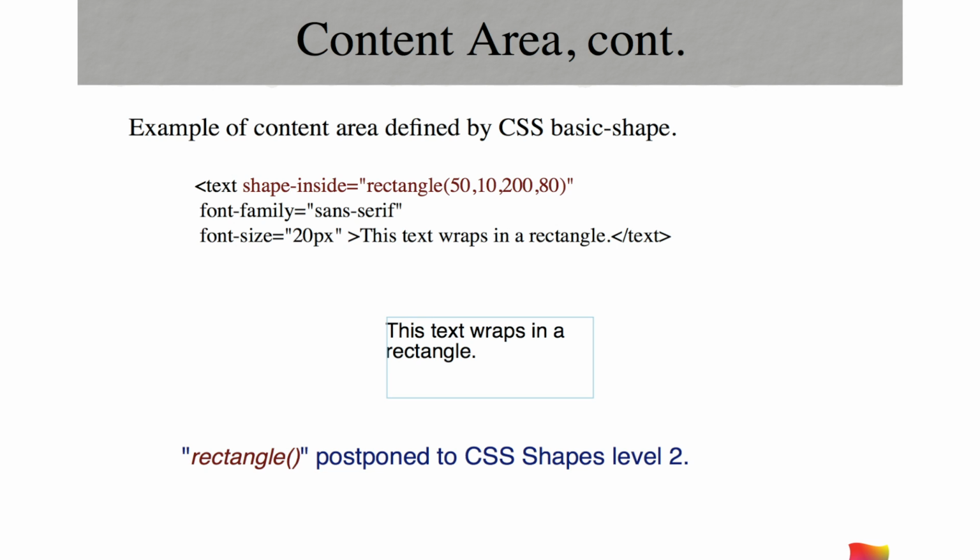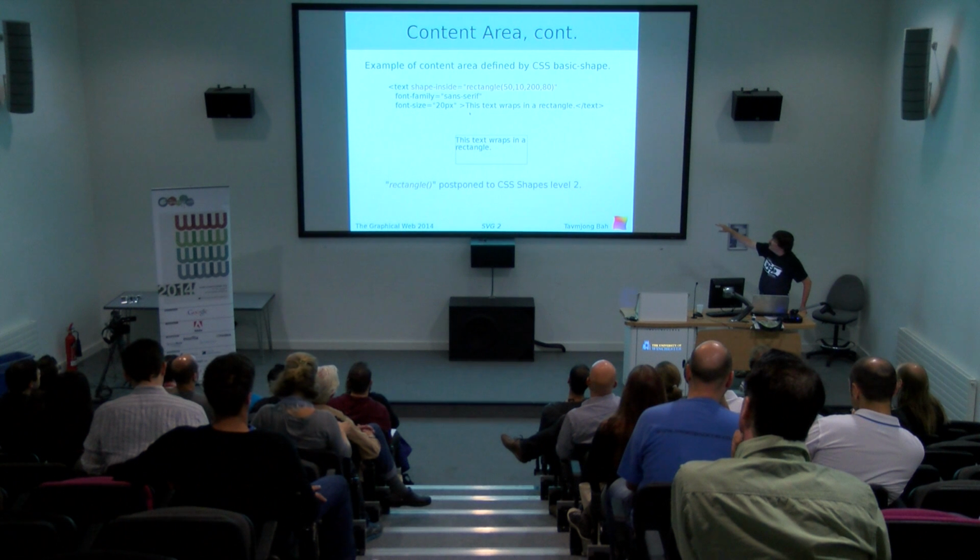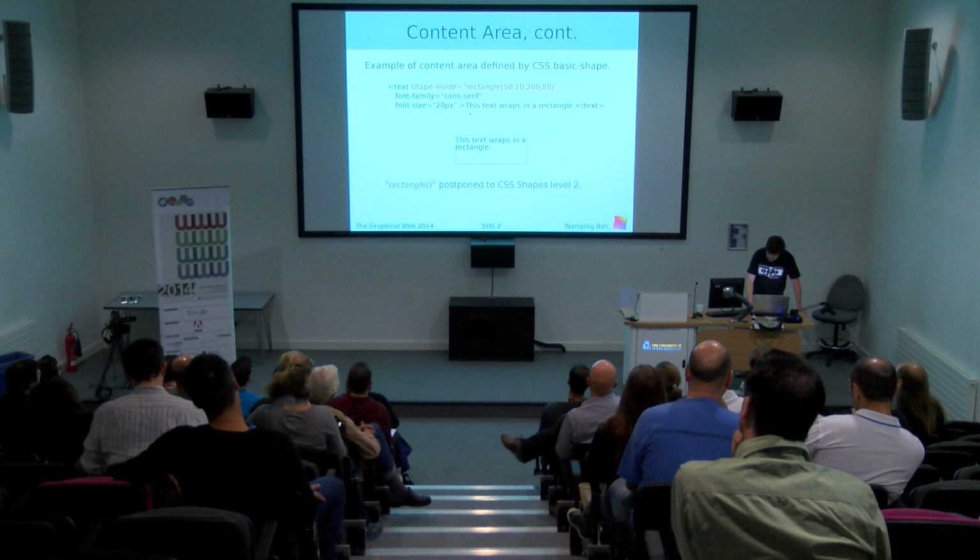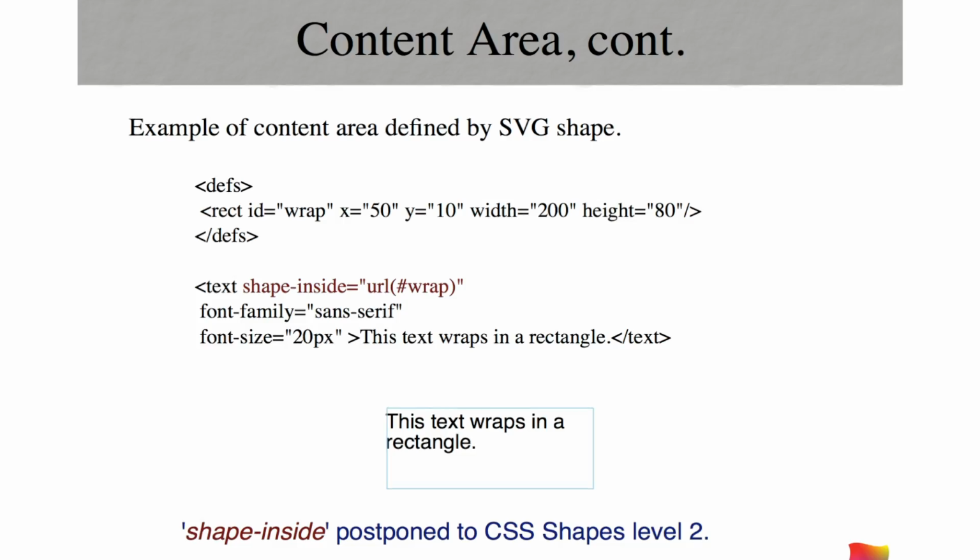The rectangle has been removed from CSS shapes level 1 and has been moved into a future specification, CSS shapes level 2. And then another way of getting a content area is to refer directly to an SVG shape, as is done here. I should also mention that shape-inside has been postponed to CSS shapes level 2.